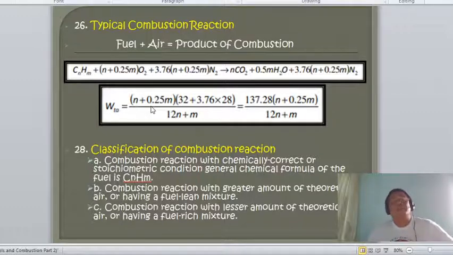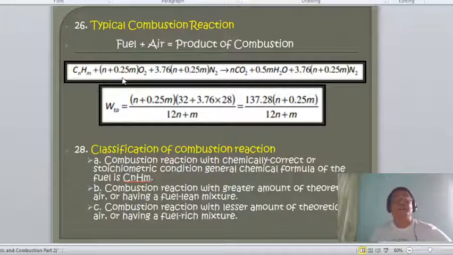So here is now the theoretical air-fuel ratio. Of course, that is the amount of air divided by the amount of fuel. Air here is the so-called reactant, the numerator in determining the theoretical air-fuel ratio, divided by the fuel.